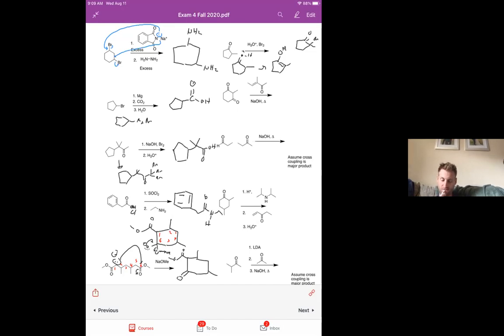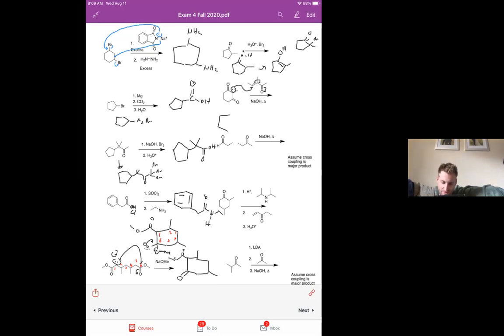We have a Robinson annulation next. We're going to be forming a negative charge here. Doing a Michael addition, which will come back down and protonate.